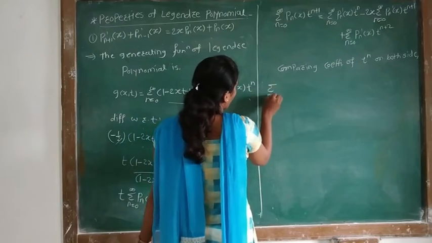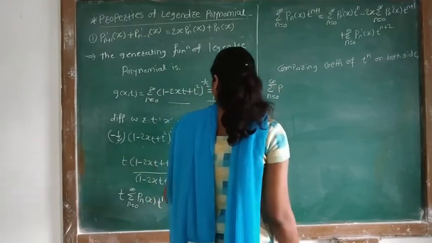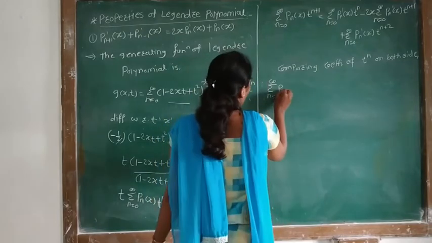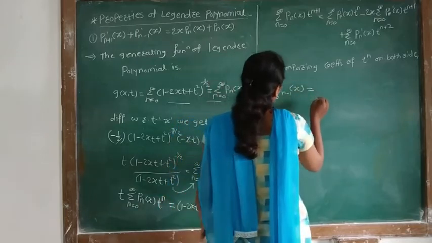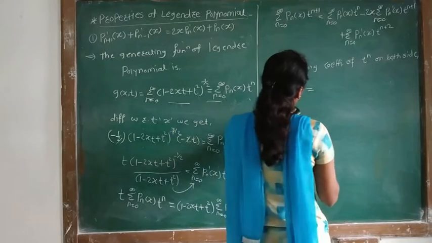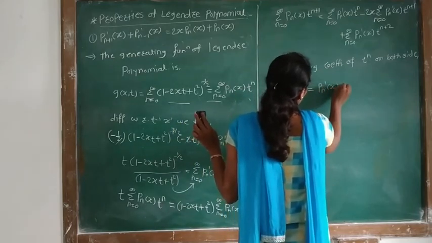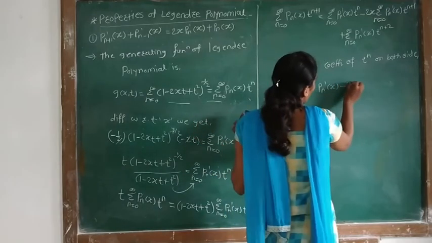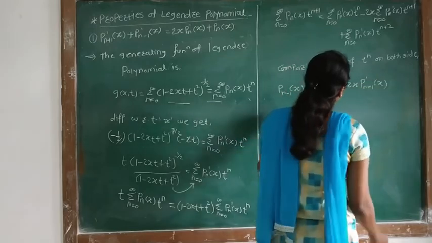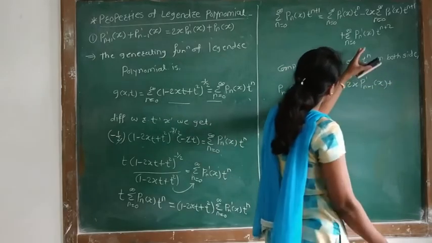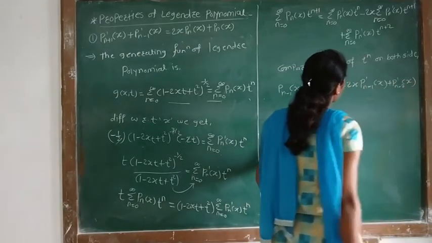Summation over n is equal to 0 to infinity Pn minus 1 of x is equal to Pn dash of x minus 2x into Pn minus 1 dash of x plus Pn minus 2 dash of x.